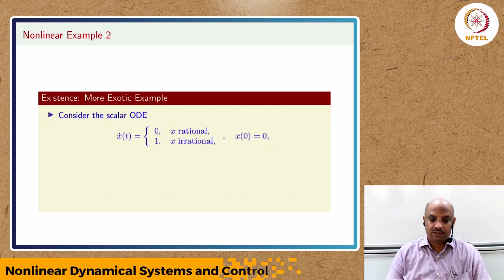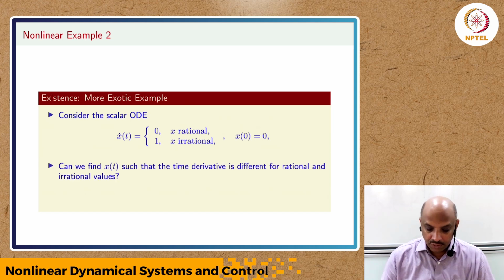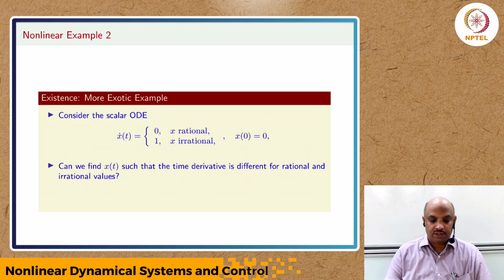Nevertheless, we still make some way of understanding the size of these different types of infinities. So we will not get into some of those details, but the question here for us is, can we find x of t such that the time derivative is different for rational and irrational values?